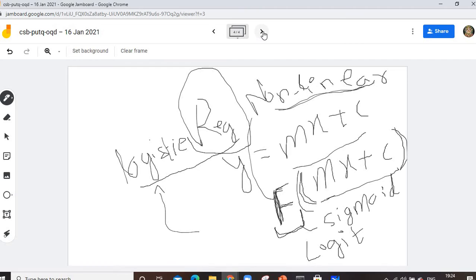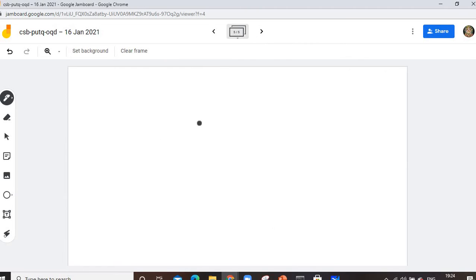So most important, what is the logit function?